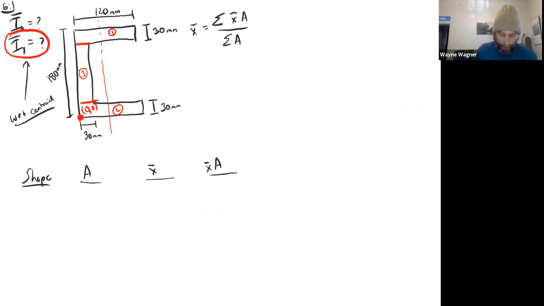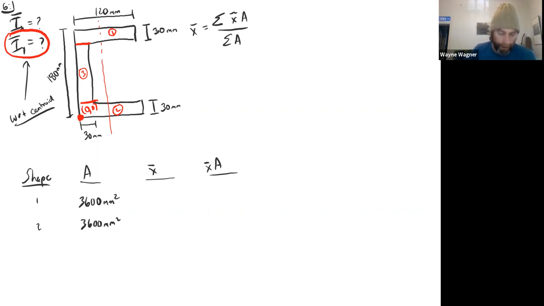Okay, so now let's see here. The area of 1, well, that's going to be 30 times 120. So 30 times 120 is 3,600 millimeters squared. This is shape 1, this will be shape 2, and we'll note that for 2 it's the same thing, 3,600 millimeters squared.